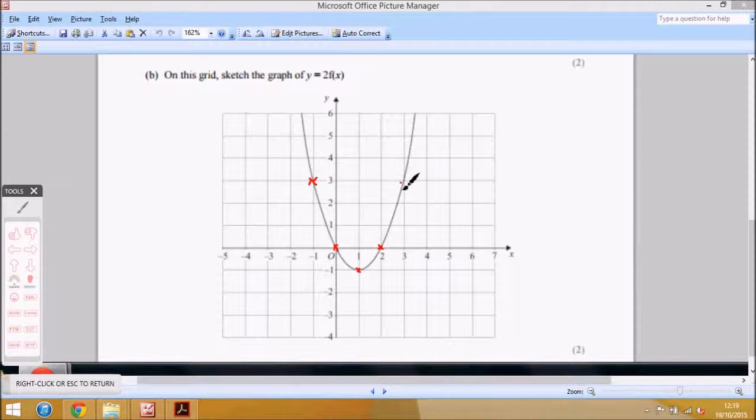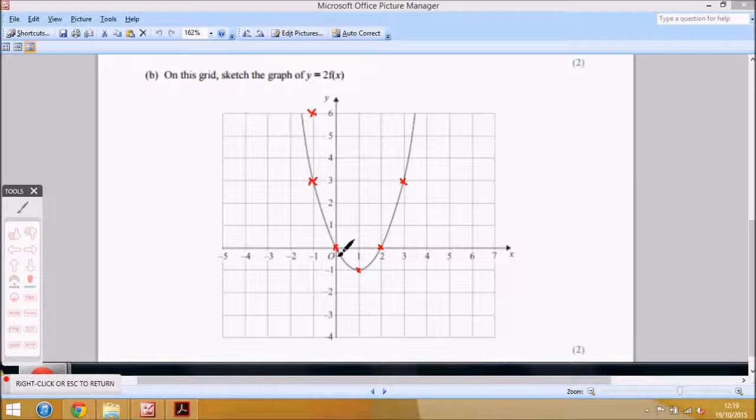What happens here is the x values stay the same, but the y values are multiplied by 2. This point here is -1 across and 3 up, the y value is 3, but now we multiply 3 by 2 and it becomes 6. So our new point is -1, 6. That ends up there. The point at the origin stays where it is, because there's no movement at all.